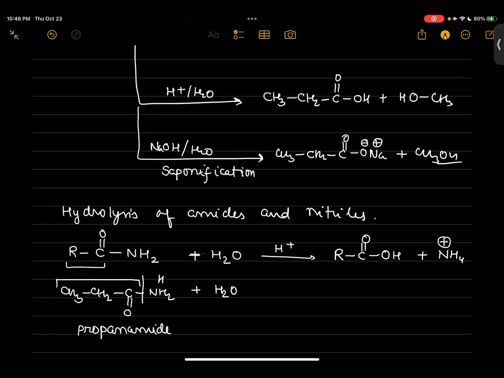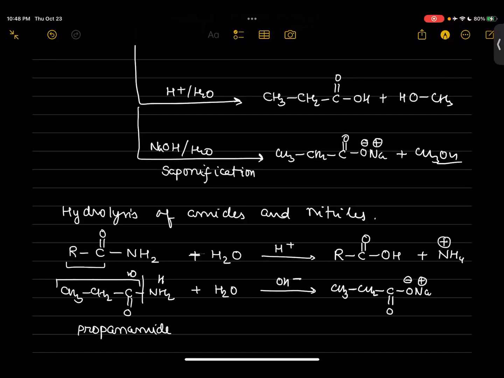Hydrolysis means, but I have used base as a catalyst. So I'm going to end up with this CH3CH2COONa.